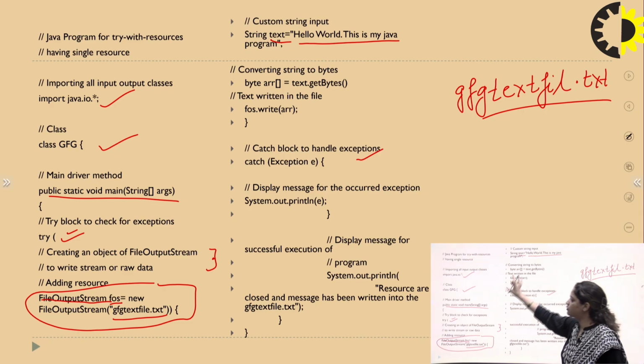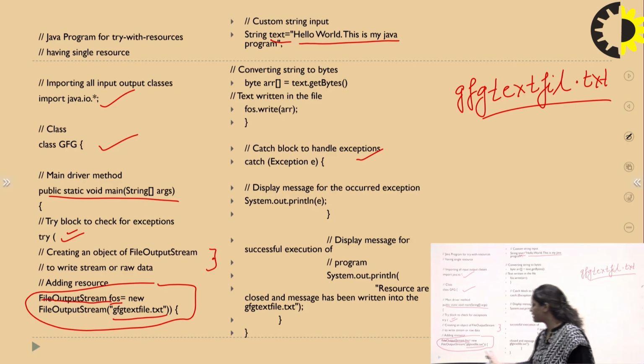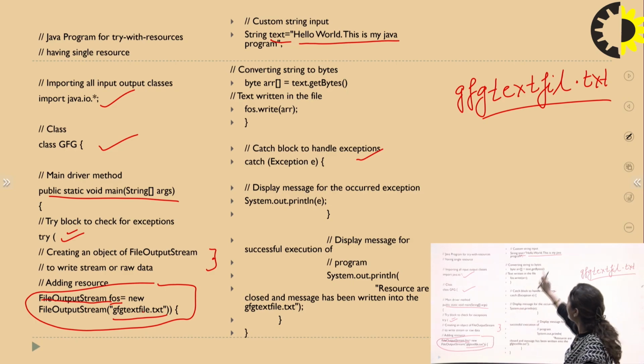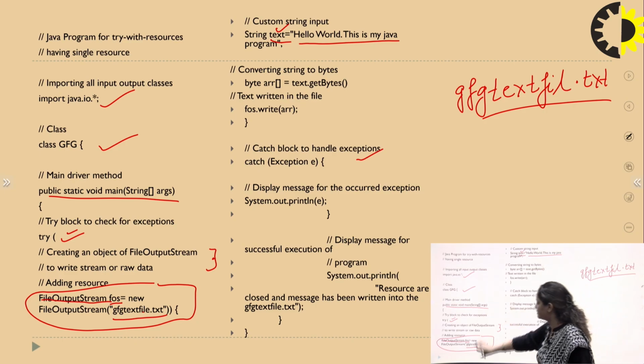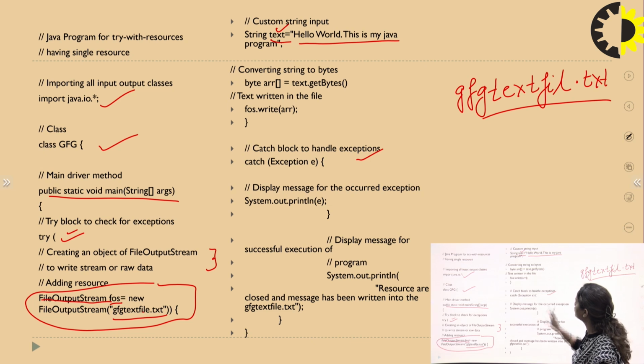Then, using this program, I want to open this file and write this string, hello world, this is my Java program, into it. So I'm holding the value of this string in the text variable. And if I want to write this string into this gfg text file.txt, I insert it into the text variable, and how I can write it is by using text.getBytes.